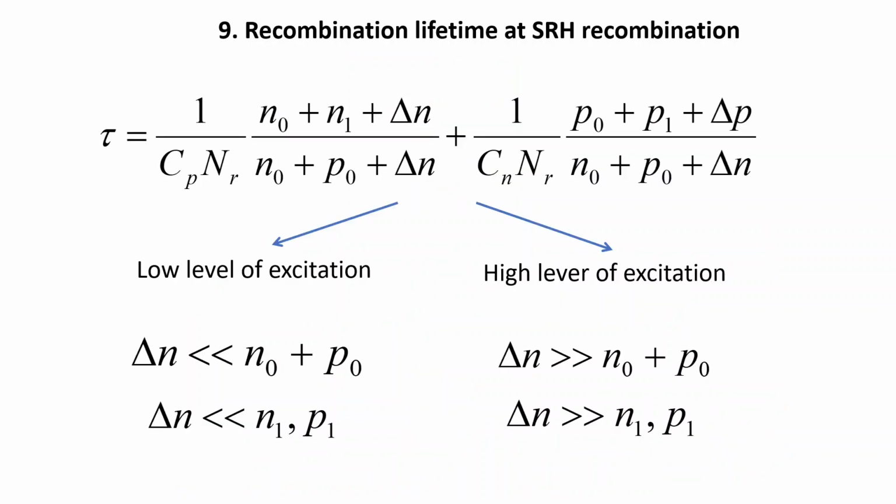So now we have this expression for recombination lifetime. First is low level of excitation, when we assume that the excess non-equilibrium charge carrier concentration is smaller than both equilibrium charge carrier concentrations, assuming that the Fermi level is coinciding with the position of our recombination center.